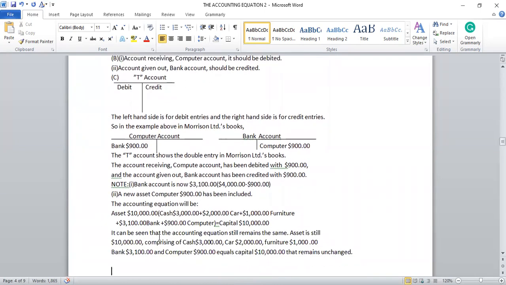It can still be seen that the accounting equation remains the same. Asset is still $10,000, comprising of cash $3,000, car $2,000, furniture $1,000, bank $3,100, and computer $900. All will be equal to the capital of $10,000. That remains unchanged.